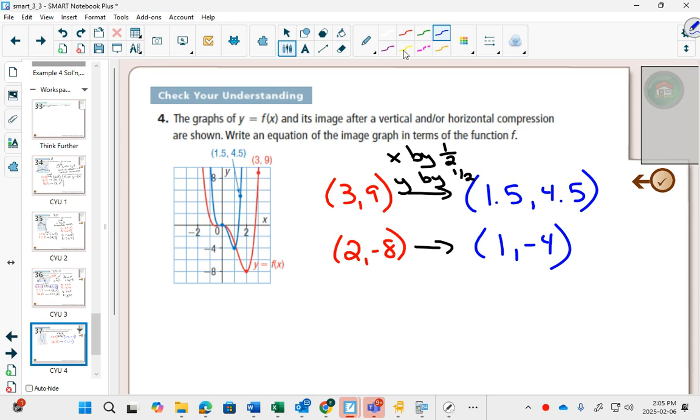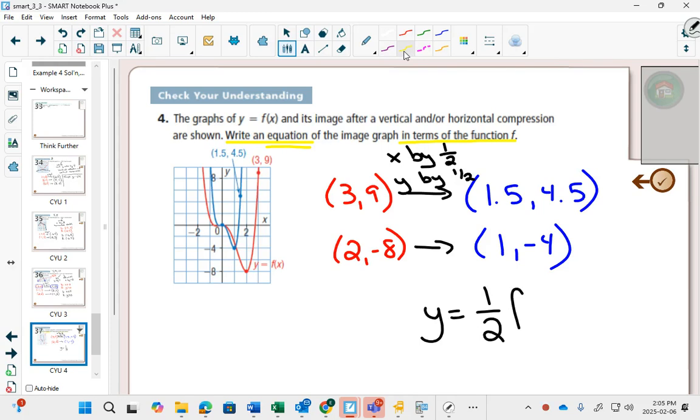The question asks us to write an equation, so an equation needs an equal sign, in terms of the function f. So I'll write y equals, that makes it an equation. In terms of f means f needs to be on the right-hand side. Well, if I want y by 1/2, that's vertical. That 1/2 is outside the function.